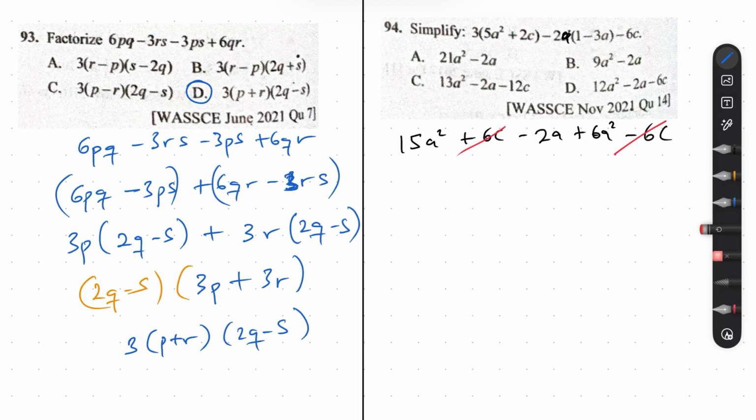So let's write that down. 21a squared. Then we have minus 2a, which is from this side. Cool. So that is our answer. Do you have that in there? Yes. 94 is A. 21a squared minus 2a.